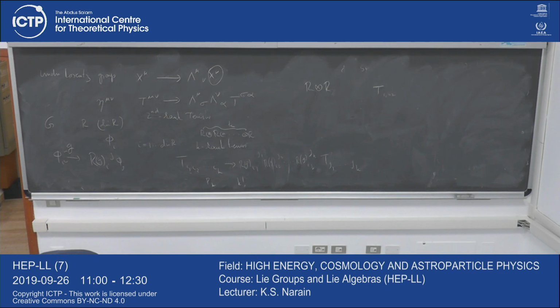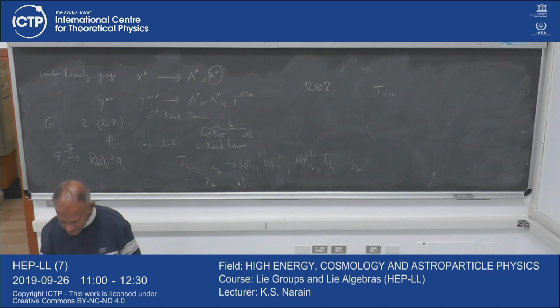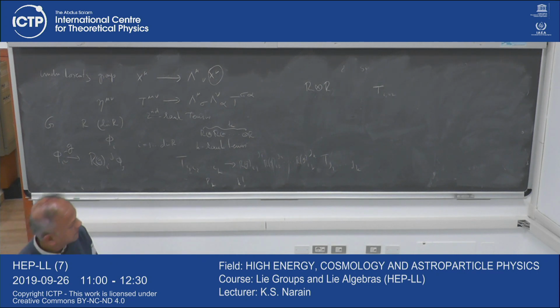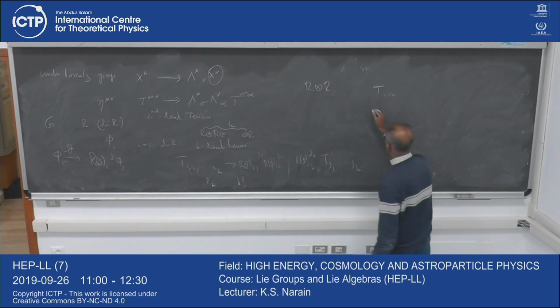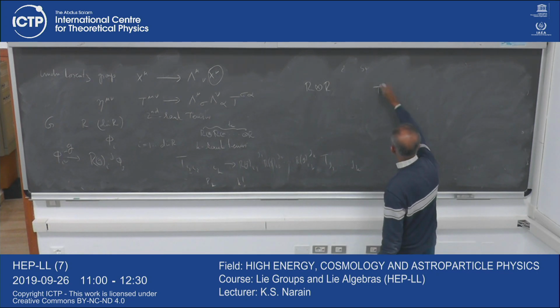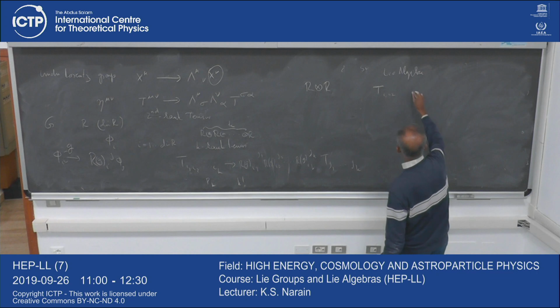Let me just say, section 7.2, if you have that, I will not go through it. You should study that section 7.2. The aim of section 7.2 is just to rewrite how this transforms under, say, the Lie algebra, which means the infinitesimal version.